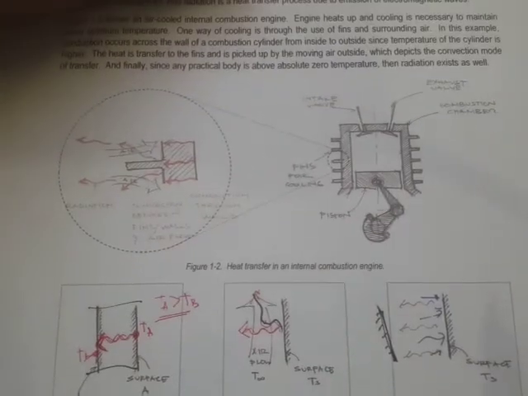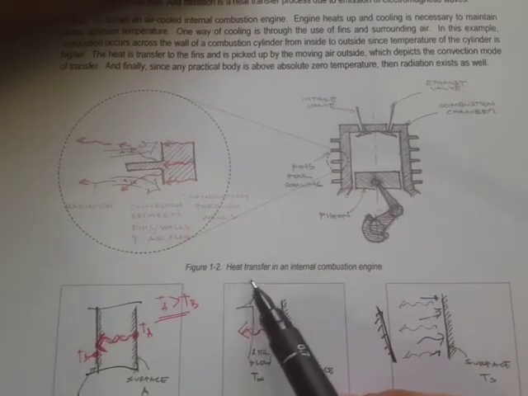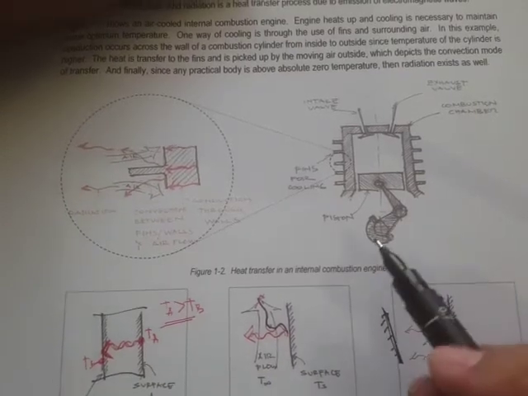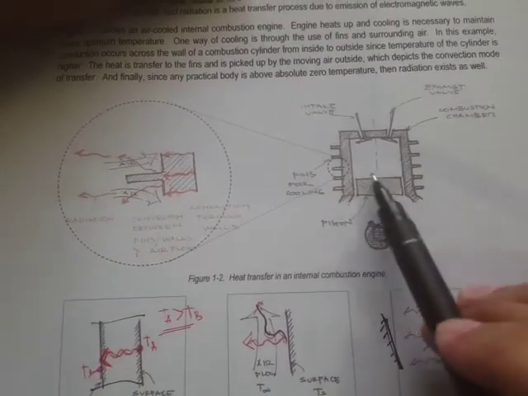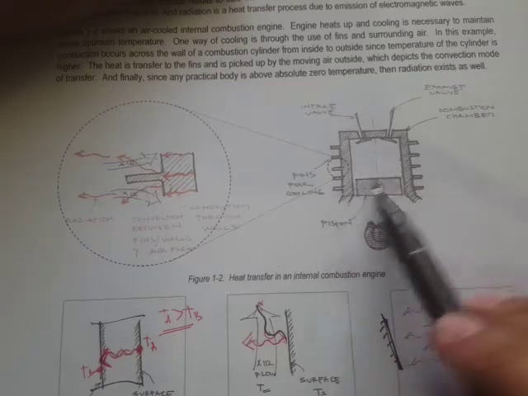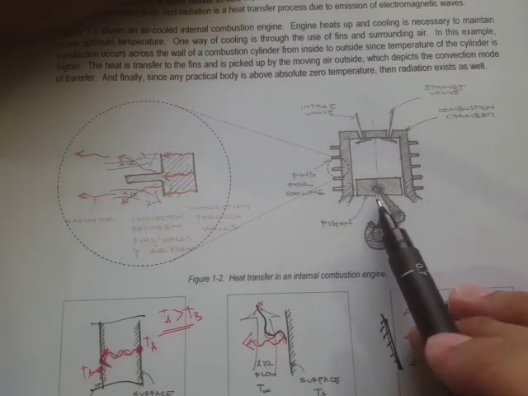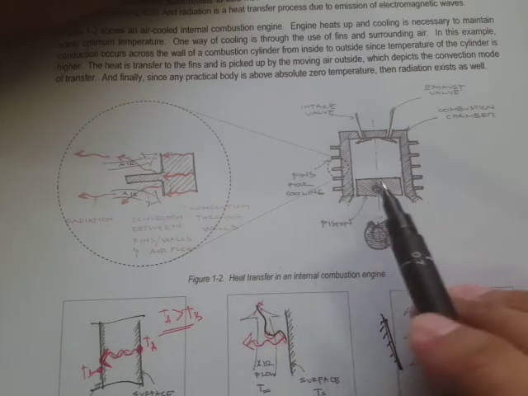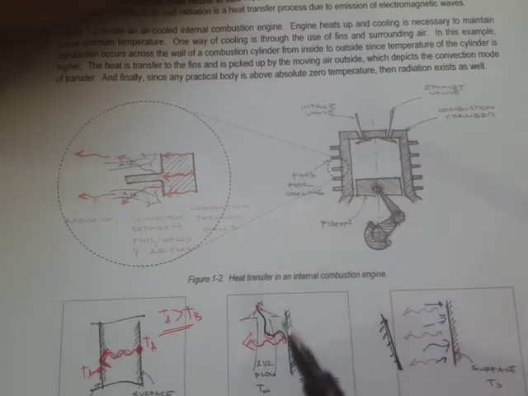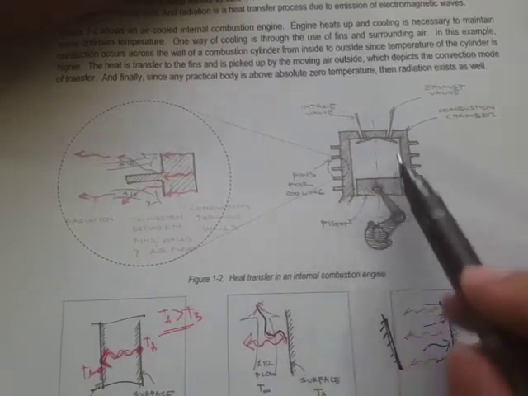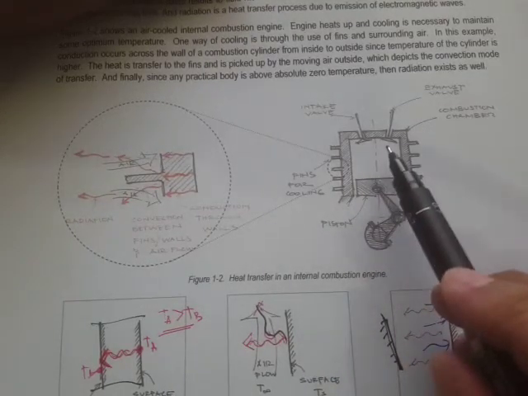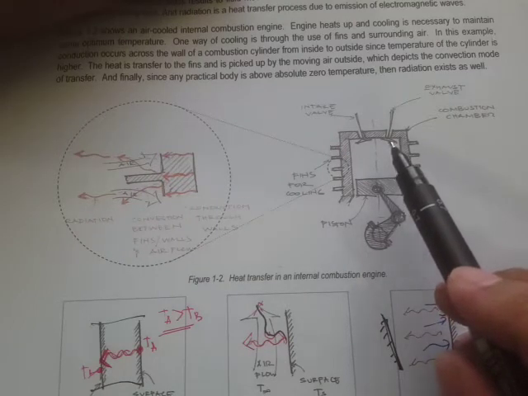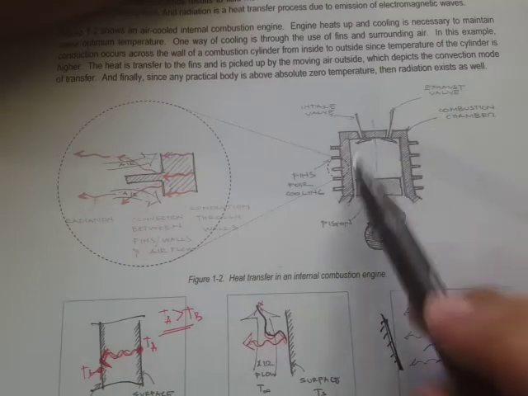Let's take a look at this example in figure 1-2, heat transfer in an internal combustion engine. Here we have an internal combustion engine that is air cooled. When an engine operates, it generates heat inside the cylinder, and there has to be a maintained temperature.